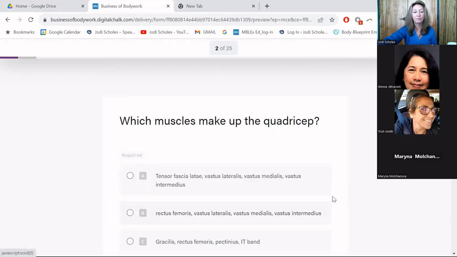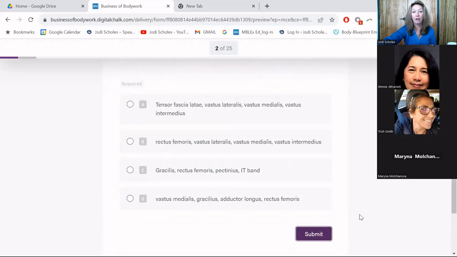Let's do 2 more. This is a good one. You ready? What muscles make up the quadricep? I'm waiting for all of you because we covered this. Quad muscles. Which ones? How many quad muscles are there? There are 4.